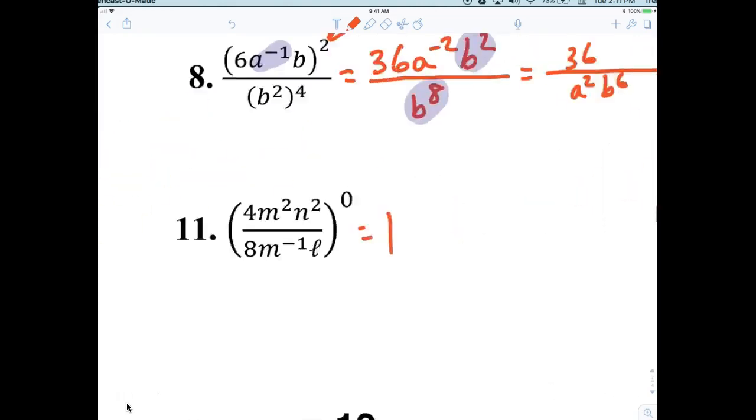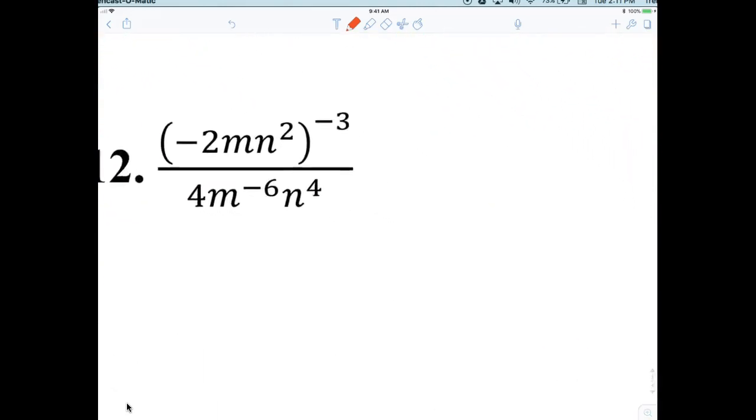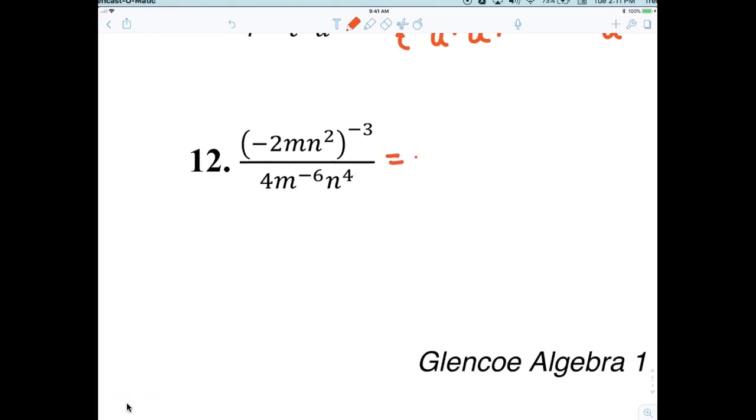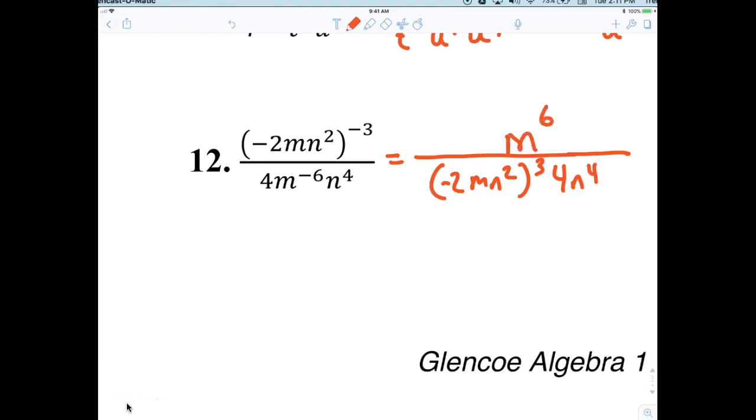All right, let's check out 12 now. We got all kinds of issues here, guys, so I want you to pay attention. Does everybody see what I did? Anything with a negative, I moved it. Does everybody agree?